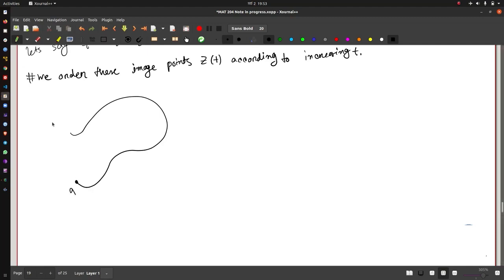So let's say this is A and this is B. So along this curve, let's say we go like this. In this direction, the values of z of t, or z which is coming in terms of x and y, and eventually x and y is coming in terms of t, whatever that is. So this value of z is in an increasing manner, so that would be our positive direction.